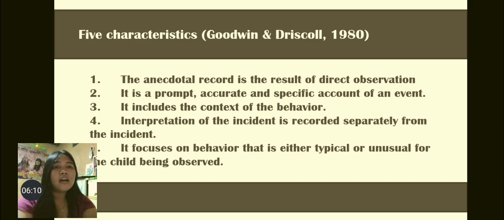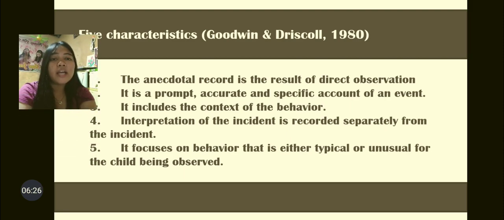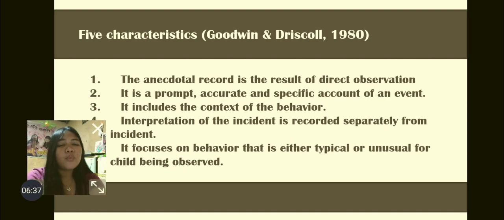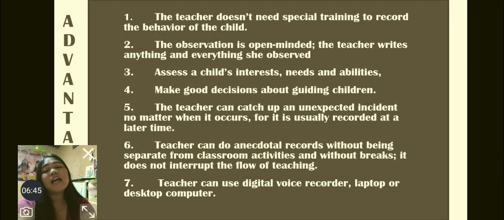Third, it includes the context of the behavior. Fourth, interpretation of the incident is recorded separately from the incident. And fifth, it focuses on behavior that is either typical or unusual for the child being observed. These characteristics will lead you to know what an anecdotal record is.